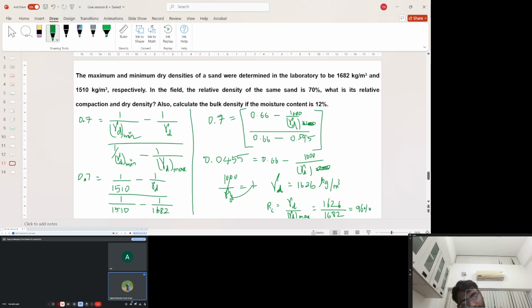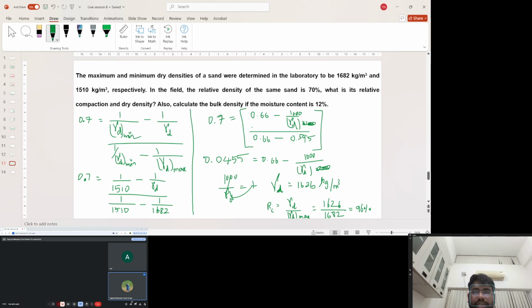Oh, RD itself, sir? Yes. Some Norwegian sands exhibit this. It was taught to us in MTech. I thought only RC would exceed, but RD also. RD also, there are some peculiar cases where it can exceed.